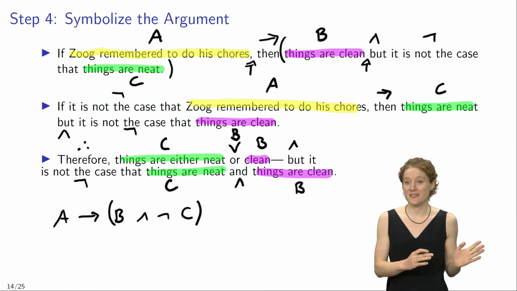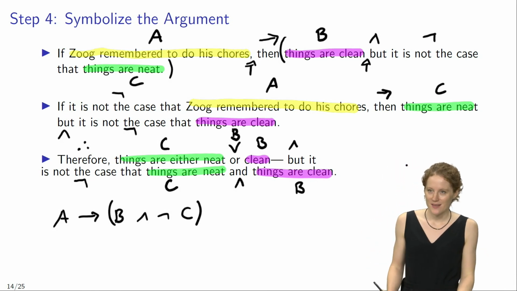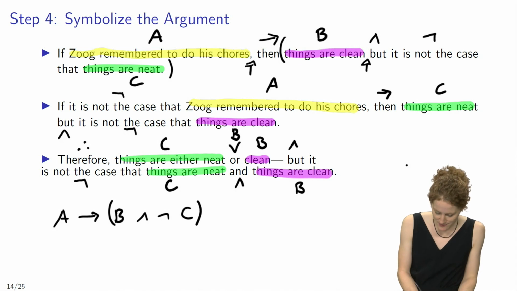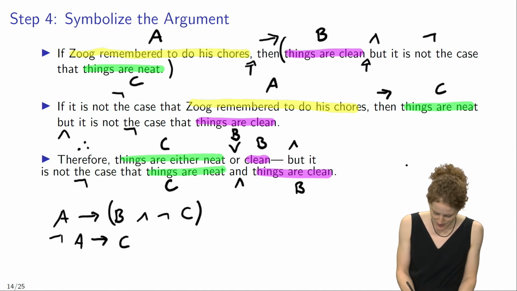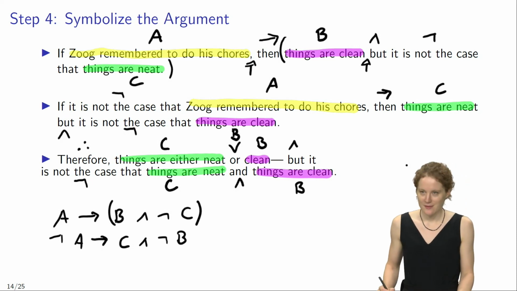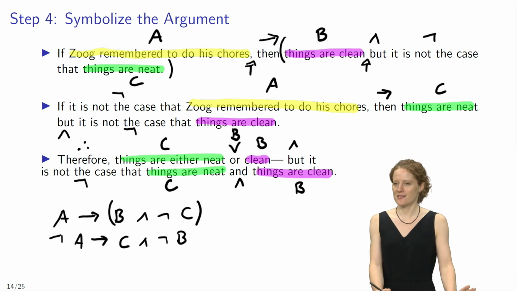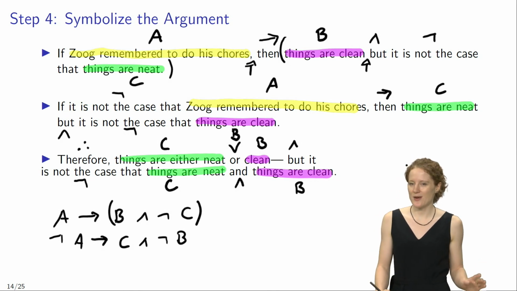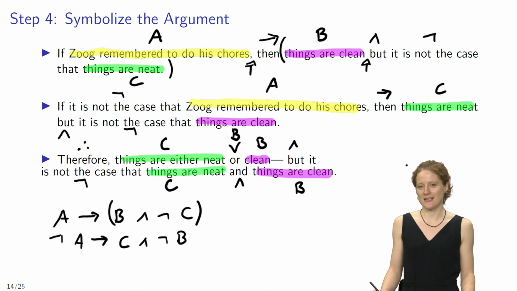Let's move on to the second premise. The second premise goes like this. If it's not the case that A, then C, and not B. And the same question arises. We need to add brackets to turn this into a TFL sentence.